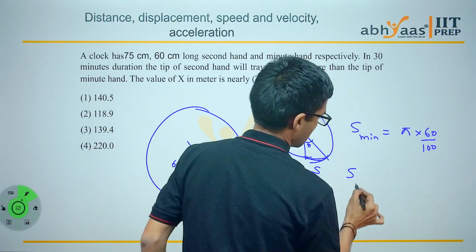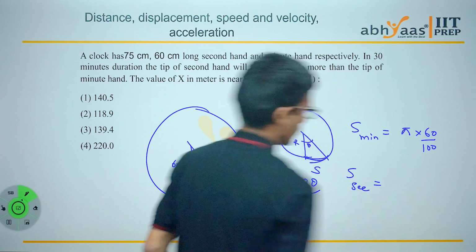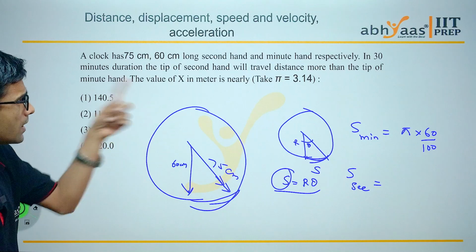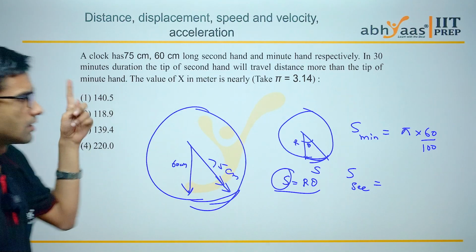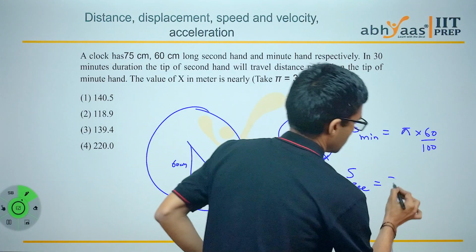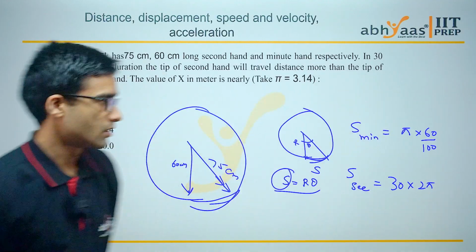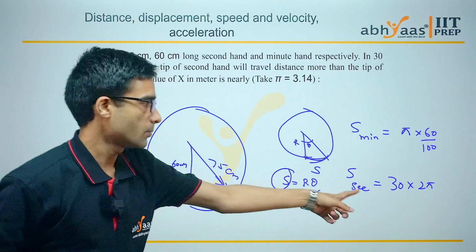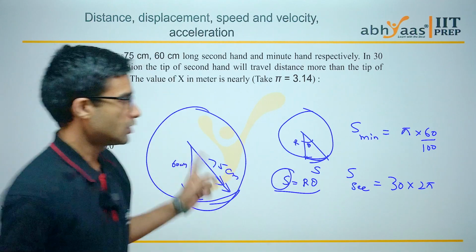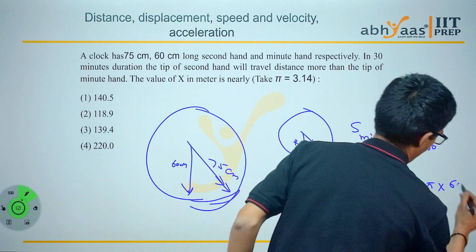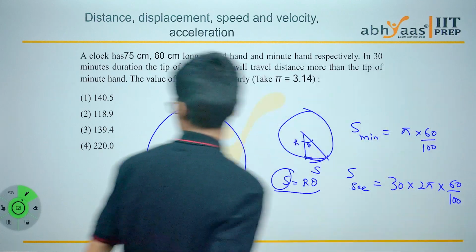Similarly, for the seconds hand, in 1 minute it completes a full revolution, 2 pi. So 30 minutes means 30 into 2 pi, into the radius. R is 60 by 100.